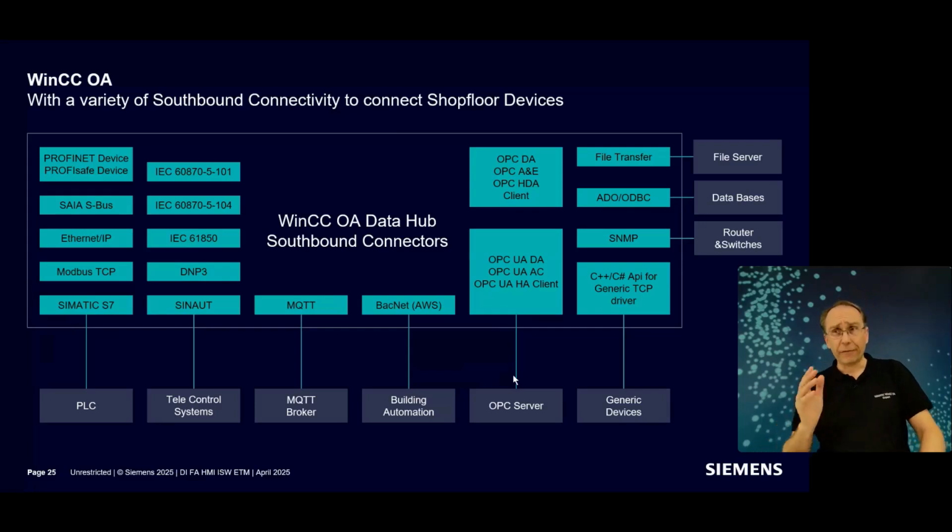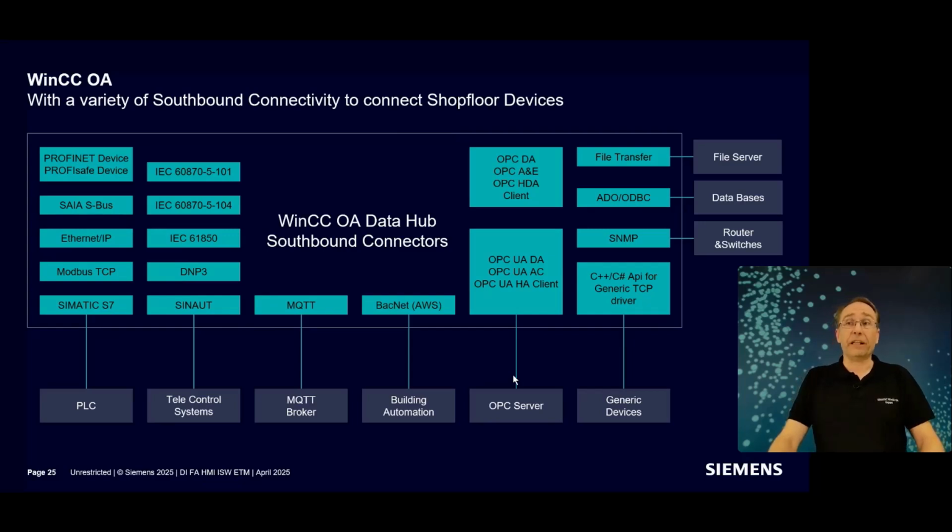For the telecontrol systems, we have the IEC 60870, and of course we have the 101 and the 104, so that is the serial, and this is also the TCP connection. Sure, for normal, the TCP connection is used here.